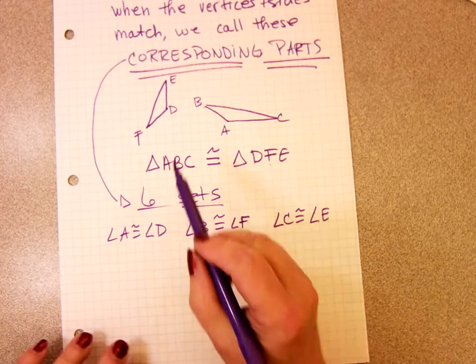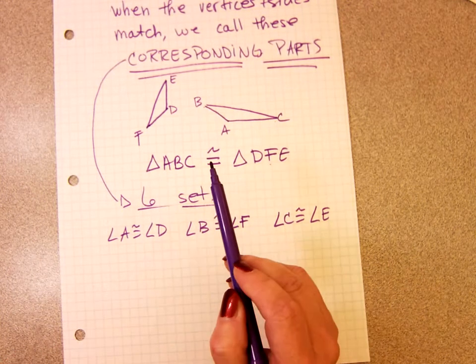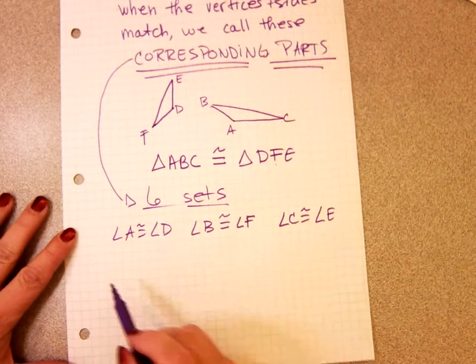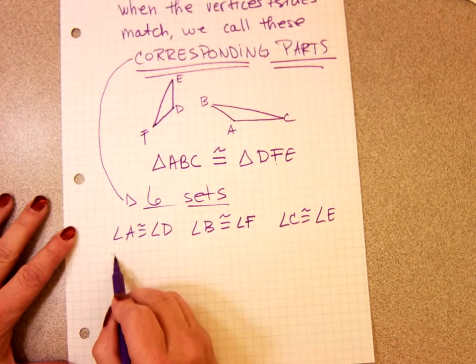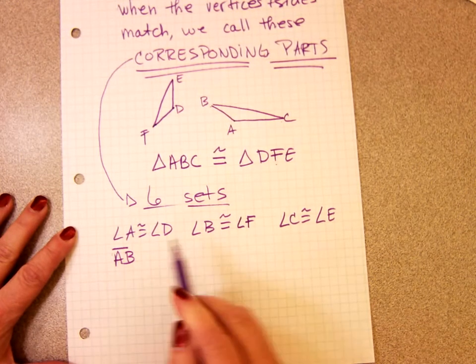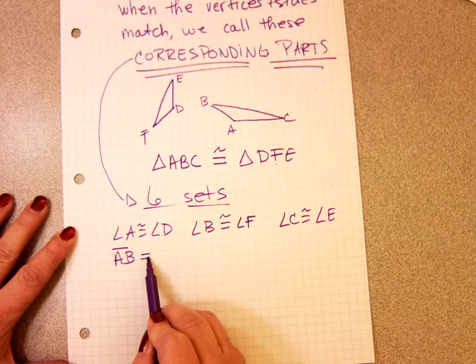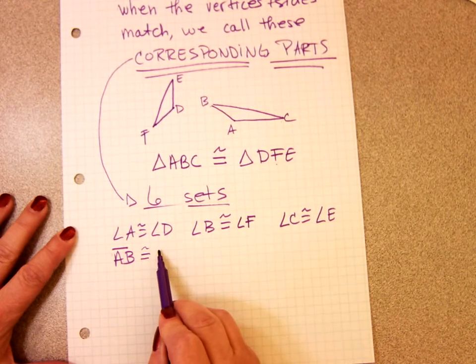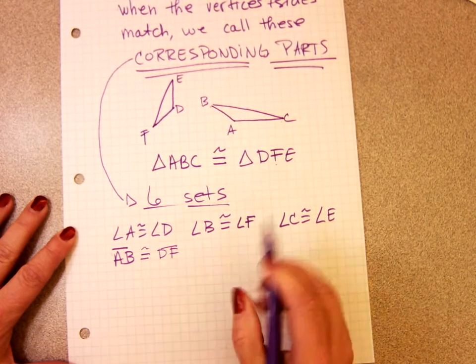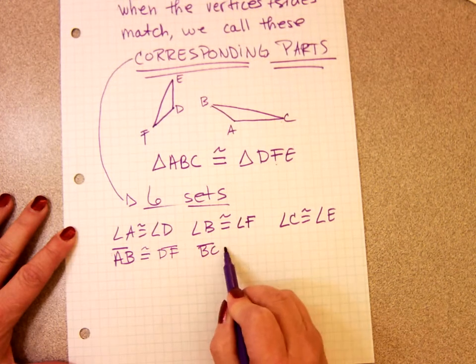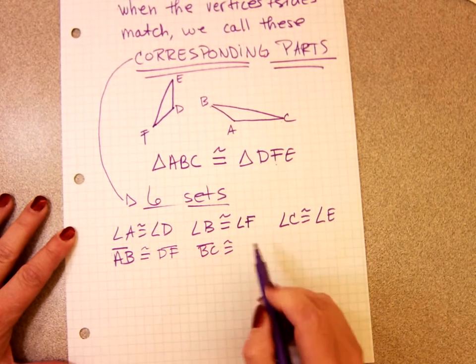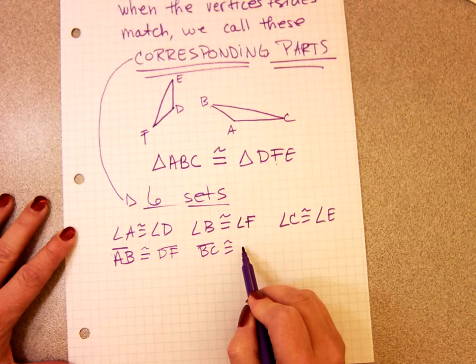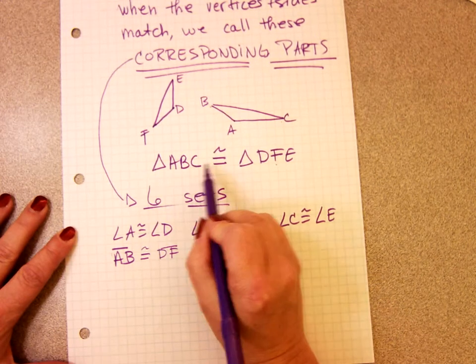The length of lines, the sides. So AB is congruent and corresponds to DF. Very good. BC is congruent and corresponds to FE.